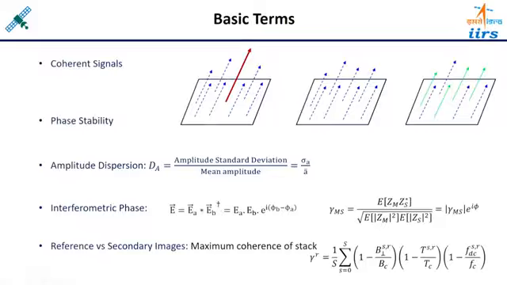This electric field vector can be written with an amplitude, like EA equal to EA0 e to the power i phi A, and EB equal to EB0 e to the power i phi B. So you can say that is complex in nature. The amplitudes of both the signals are getting multiplied, but the exponential parts associated with both the signals are not multiplied, they are getting subtracted.